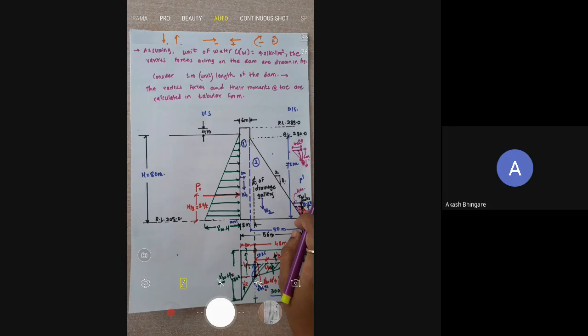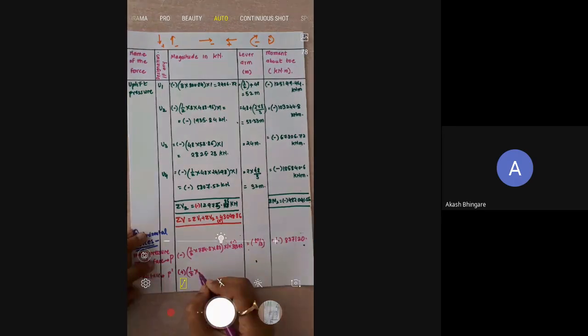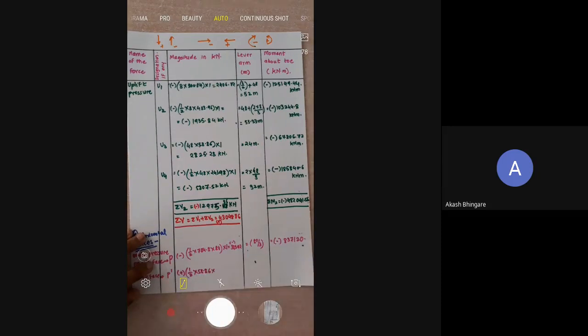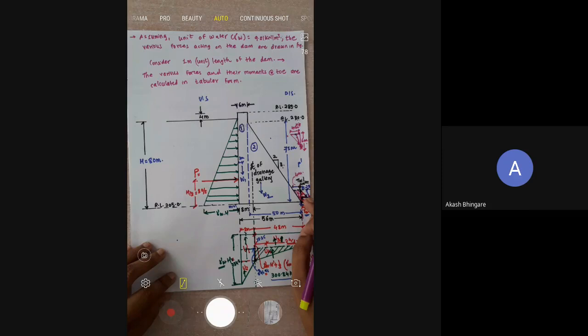Area will be half base into height. So base is gamma W into H dash, that value already worked out as 58.86, into H dash which is 6 meter into 1. So what you did for the upstream side, same thing you have to do for the downstream face, right? So why is the sign positive now?